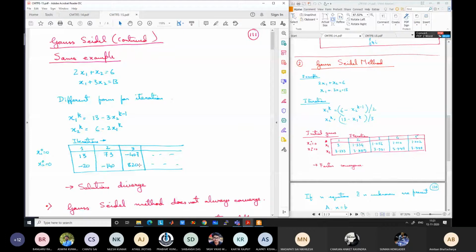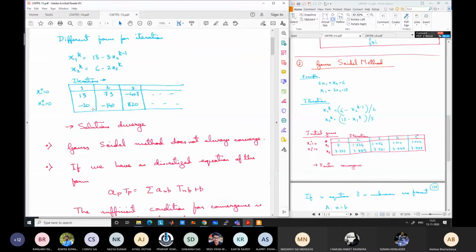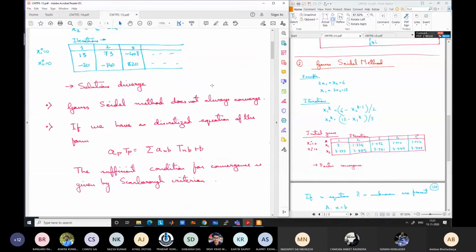After a few iterations, the result becomes infinite, and when you run the program, it will show something like NaN. So solutions diverge, and we have discussed that the Gauss-Seidel method does not always converge.